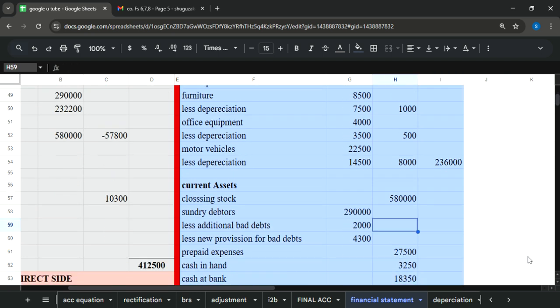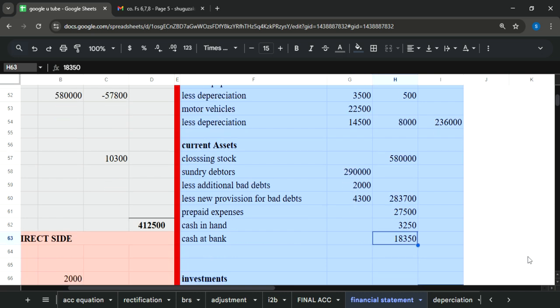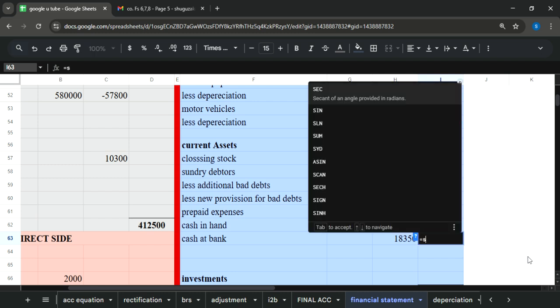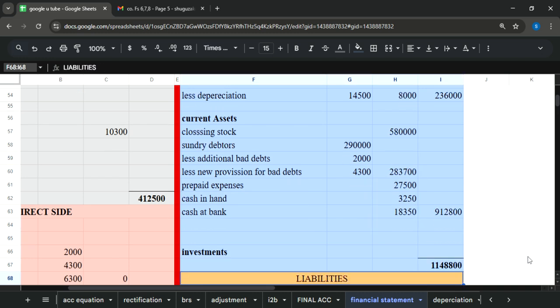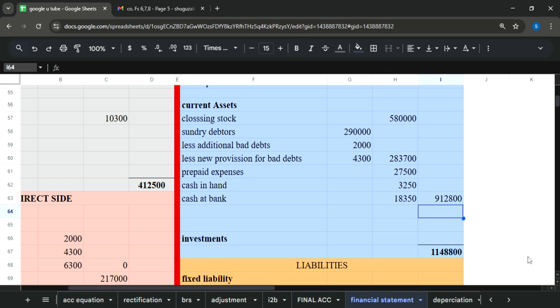Let's now focus on current assets. We have got debtors, less additional bad debts, less new reserve. Debtors are also calculated, with which we are now taking the sum of all current assets. So here the sum of current assets is ready. No investment, so you may put 0 over here.